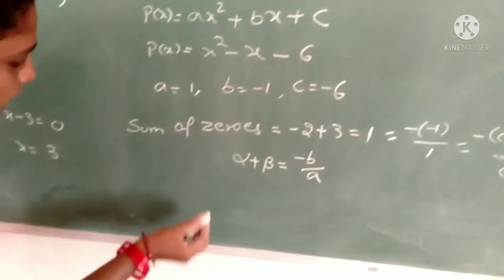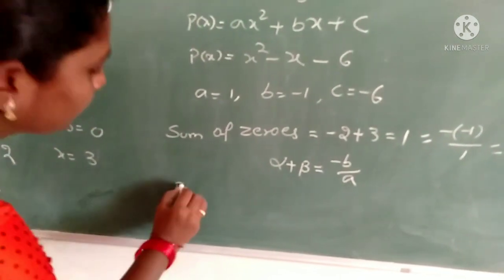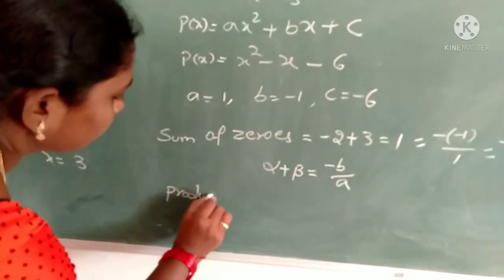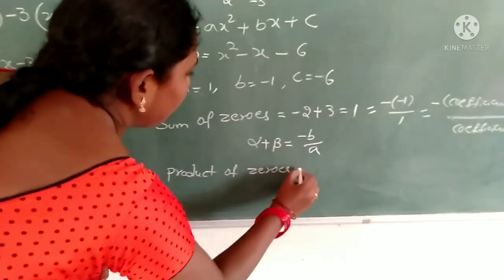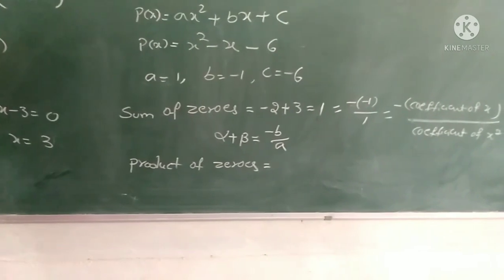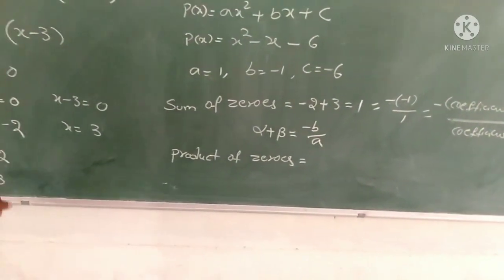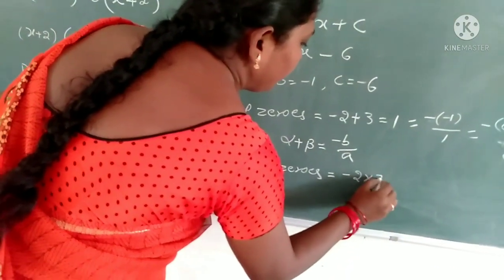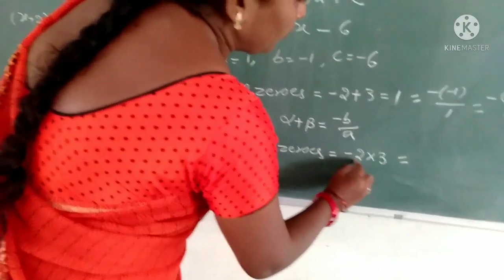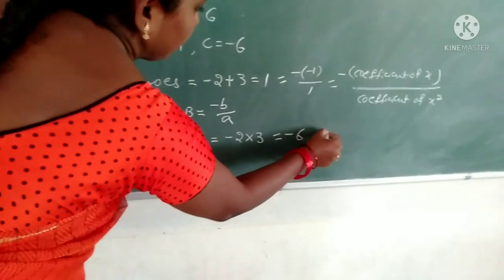Next we find the product of zeros. The first zero is minus 2 and the second is 3. Minus 2 multiplied by 3 is minus 6.